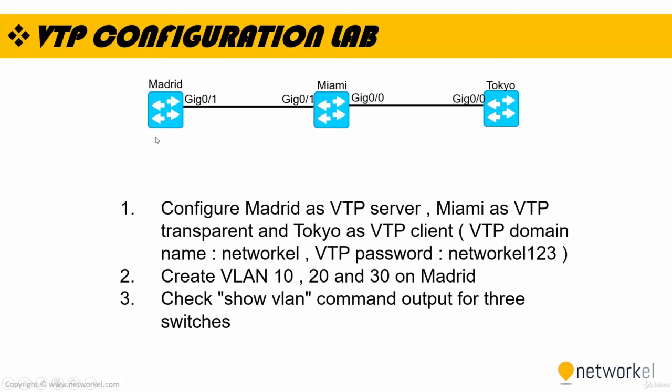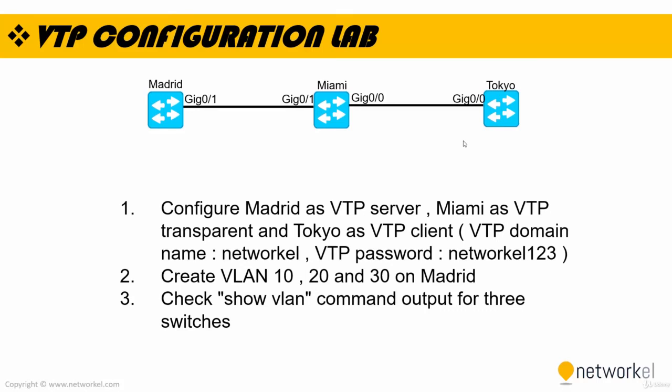So because of that, I created these VLANs on Madrid because this is a server, and Miami didn't add VLANs 10, 20, and 30 to its own database because it's transparent, but let them go to Tokyo. The advertisements came to Tokyo, and because Tokyo is a VTP client, these VLANs were added to the VLAN database of Tokyo.